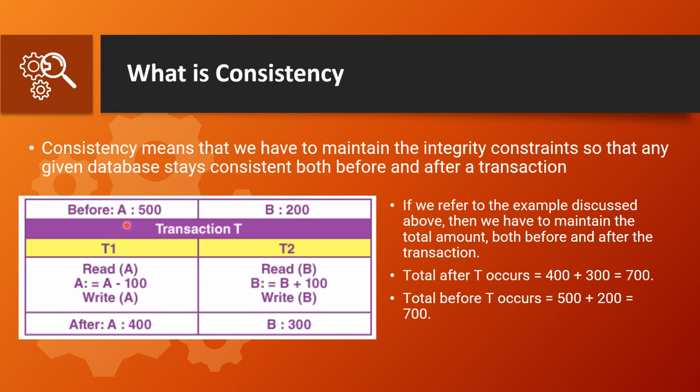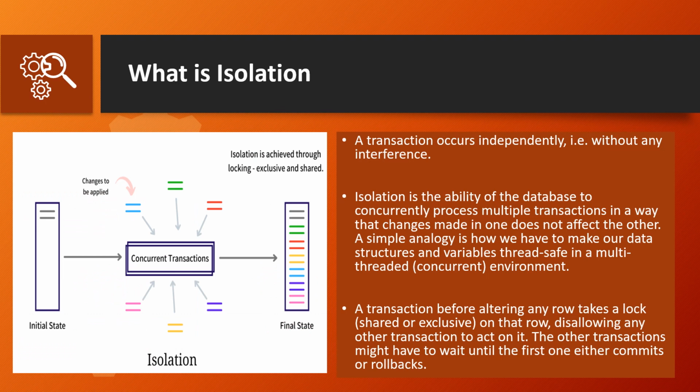A transaction of X amount happens from A to B. The sum before the transaction was 500 plus 200, 700, and after, 400 plus 300, 700. This is what consistency is. The total balance should be the same, meaning the integrity constraint should be maintained.